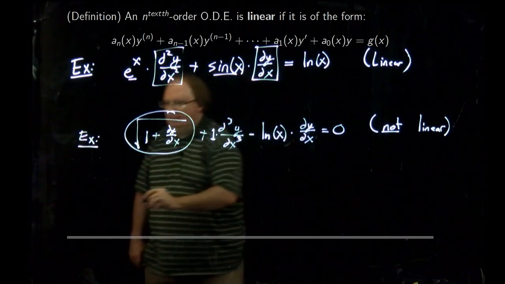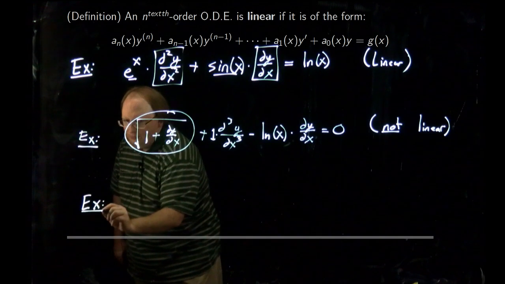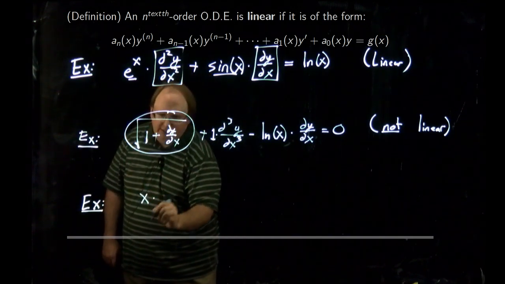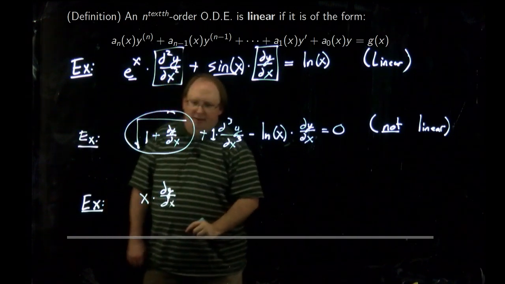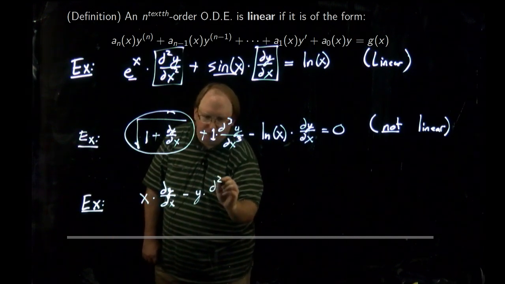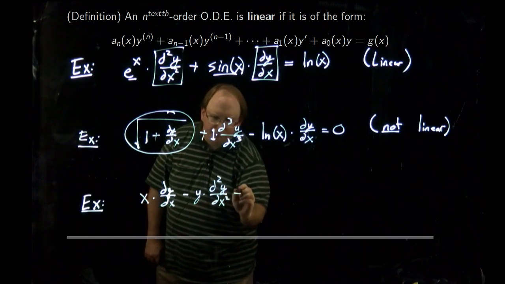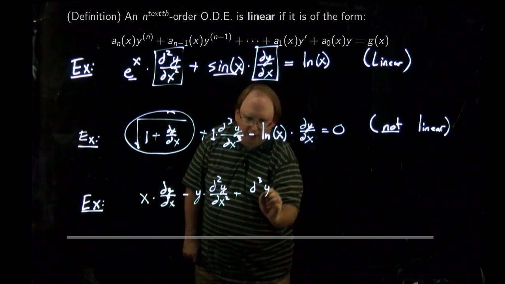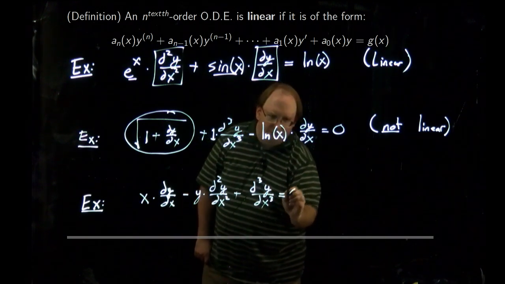Another example that's linear is if I give a function like x times the derivative of y with respect to x, minus y times the second derivative of y with respect to x, plus the third derivative of y with respect to x, equal to 0.